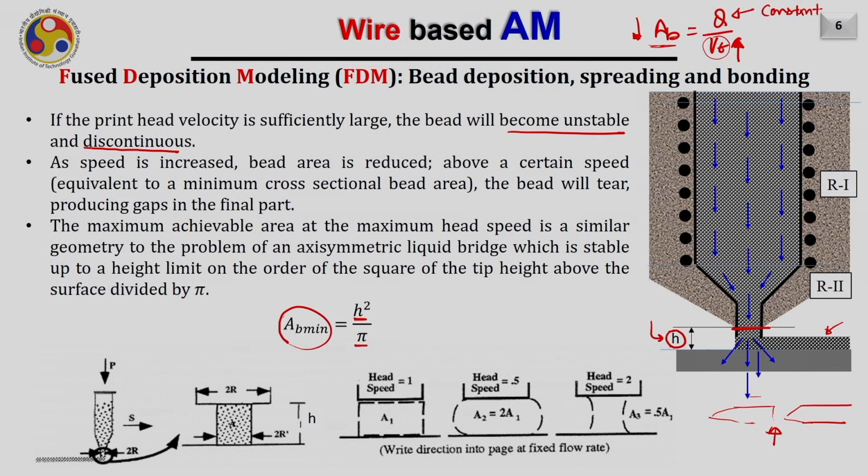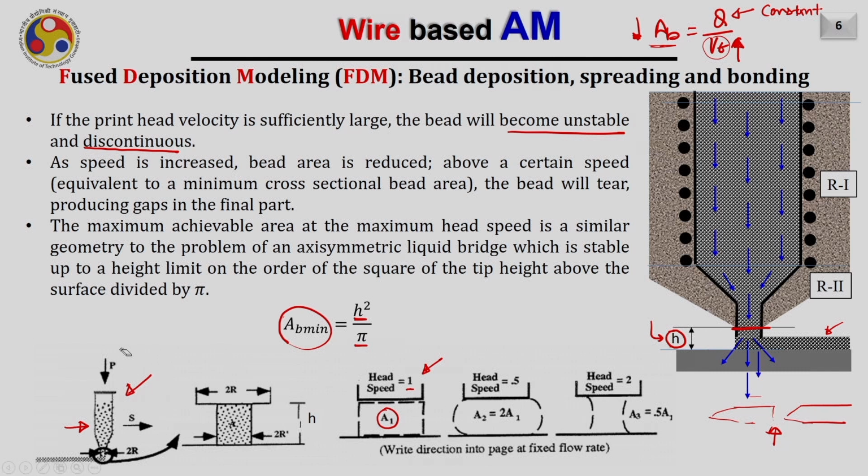What happens if, for example, you are moving with a speed equal to 1, the critical value? In that case, the area will be A1, and what you are seeing here is a cross section, right? If you observe this diagram first, we are moving in this direction.